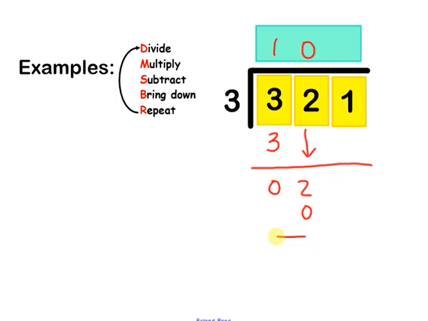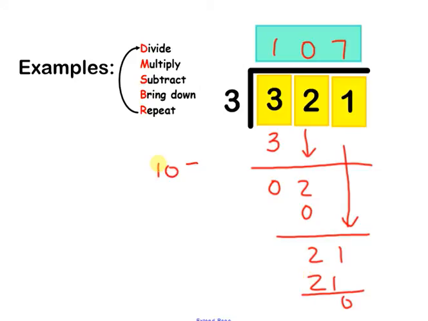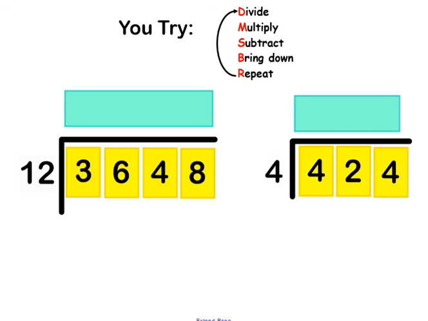Put a 0. Bring down the 2, bring down the 1. Now, how many times does 3 go into 21? 7. Okay, so your answer here is 107. Now because these are so tricky, I'm actually going to do these with you.